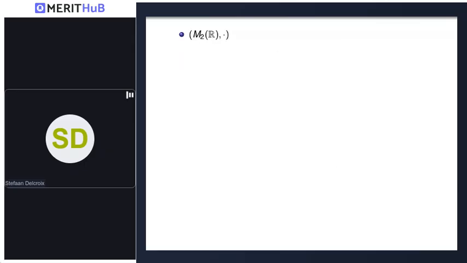How about matrix multiplication? When you multiply two matrices, does the order matter? No. So if A and B are two matrices, is A times B equal to B times A? Let's have a look.